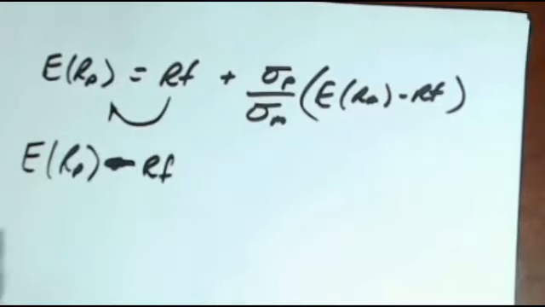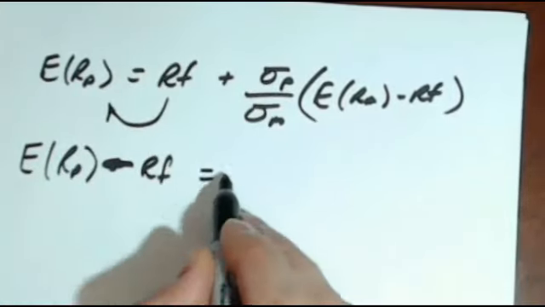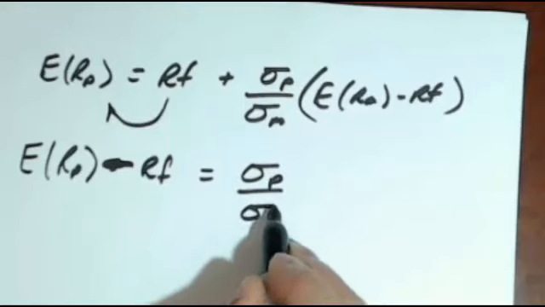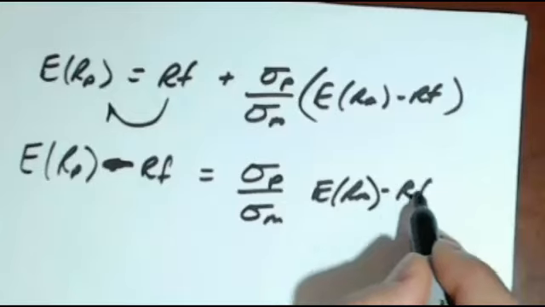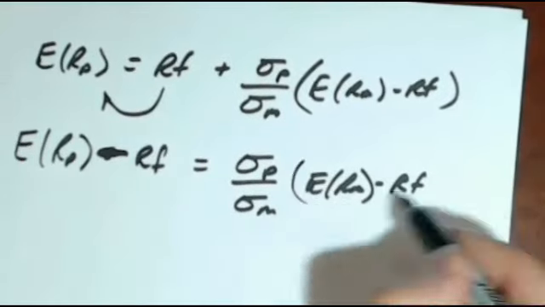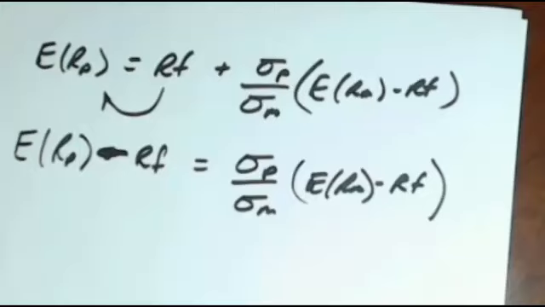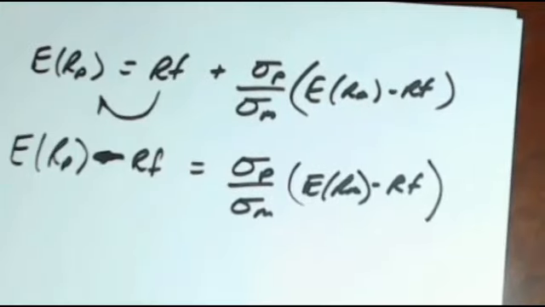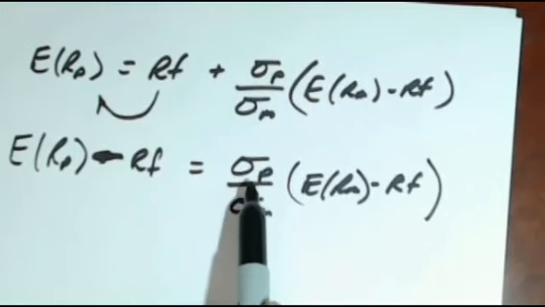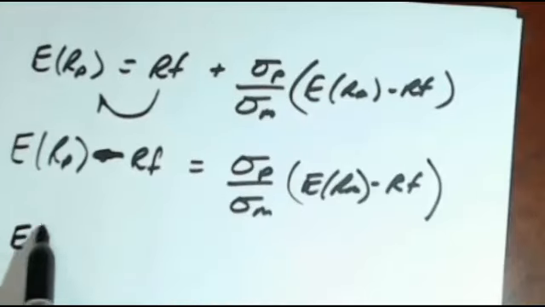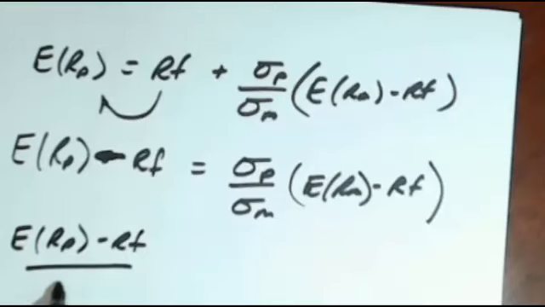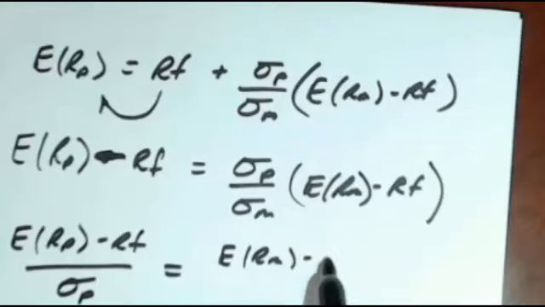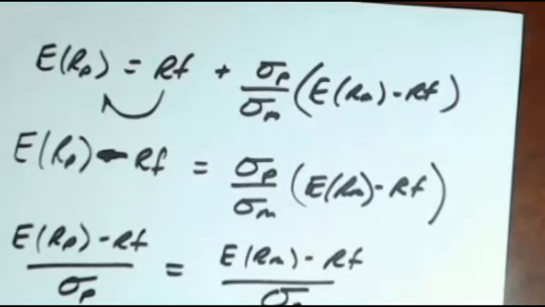All I'm doing is taking this over to the other side, so this equals sigma_P over sigma_M times the expected return on the market minus the risk-free rate. Now I can divide both sides by sigma_P, and I get the expected return on the portfolio minus the risk-free rate divided by sigma_P equals the expected return on the market minus the risk-free rate over sigma_M.